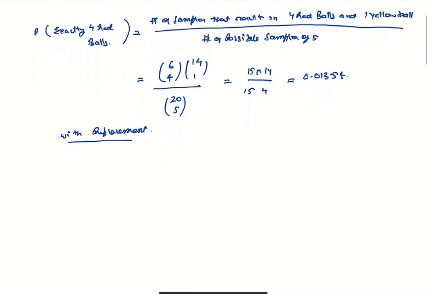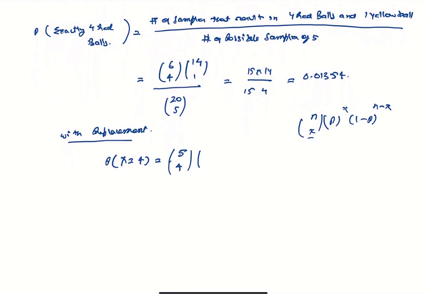then we can use the binomial formula, which is the probability of x equal to 4. The binomial formula is n choose x, times p to the x, times 1 minus p to the n minus x. So n is 5, the sample size, and x is 4, the number of successes. And what is the probability of each success?